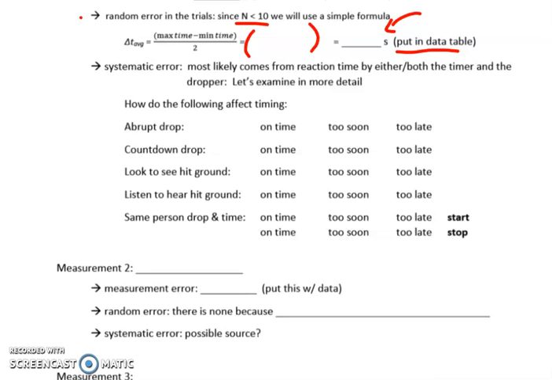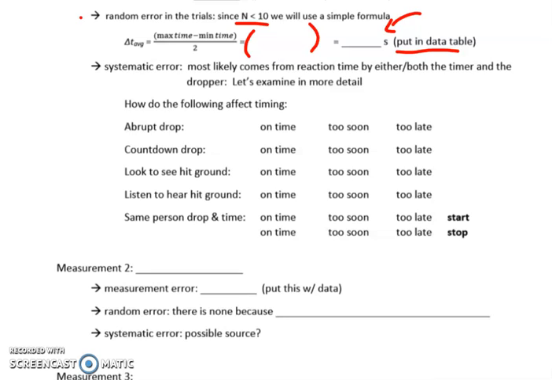And I'm going to guess, if I were to look at all the individual trials, let's say I had 20 students in a section, 15 are going to have times that are too short. You're systematically stopping the stopwatch too soon. You're anticipating. So we want to learn how to get around that.